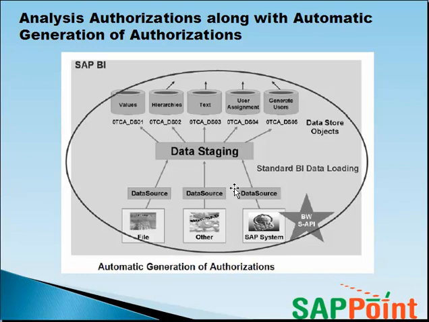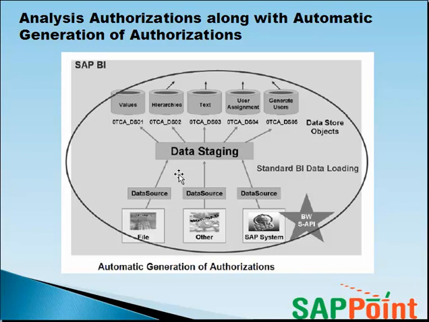Now, due to various authorization requirements from the BI and source systems, mapping of data is not possible in every case. So that's something that needs to be taken care of. But mapping of the data and loading of the data is the responsibility of administrators and BI developers.